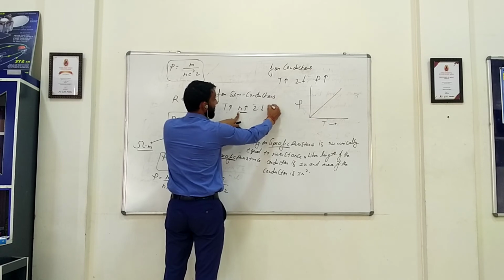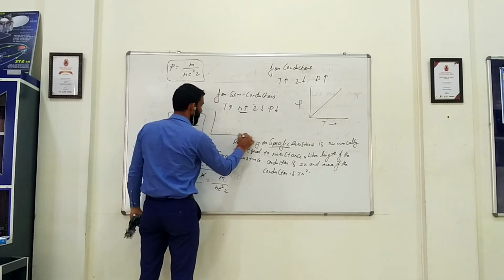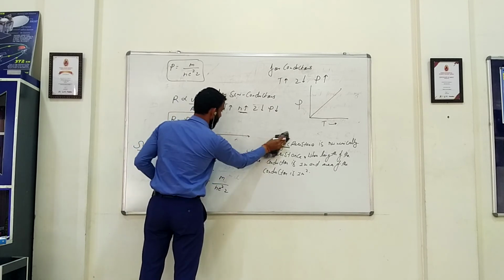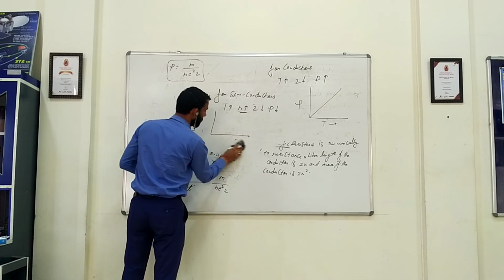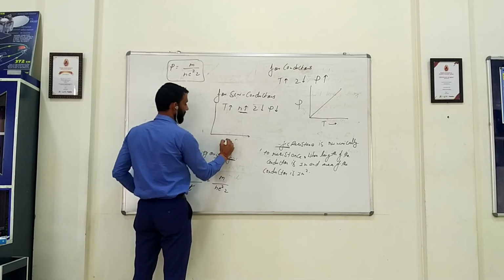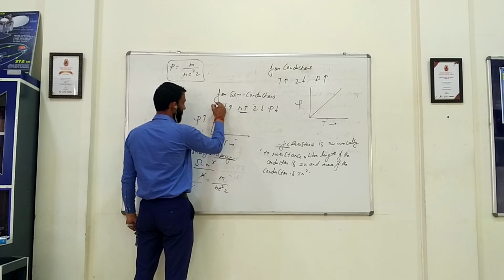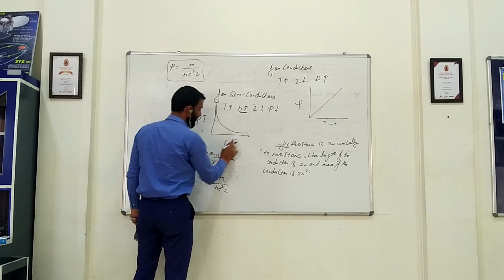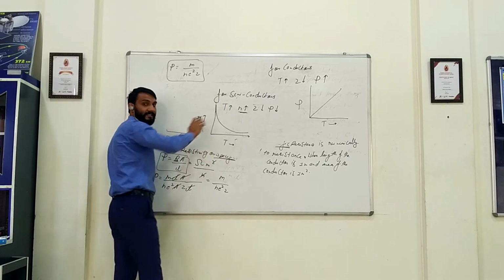And therefore rho will decrease. And if it decreases, then the graph of temperature versus resistivity would be like this. It means as the temperature increases, resistivity will decrease.